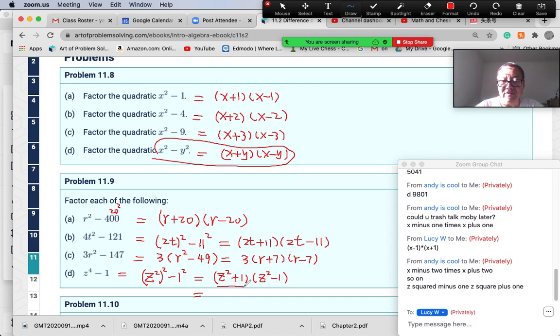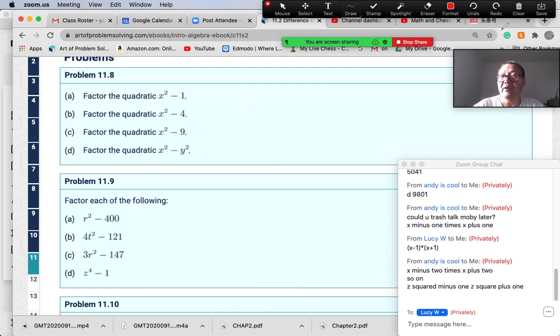This one we cannot factor anymore. But this one, we still can keep factoring. So we can write this as (z squared plus 1) times (z plus 1) times (z minus 1). Okay, so this one is the final form. Okay, very good.